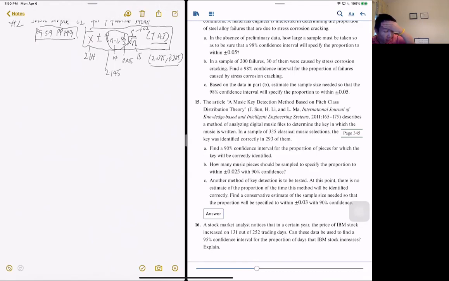For proportion, we only have one set of equations. That doesn't mean the sample size doesn't matter here. No matter whether the sample size is large or small, we only have one set of equations, which is equation 5.5 in your textbook, page 340.